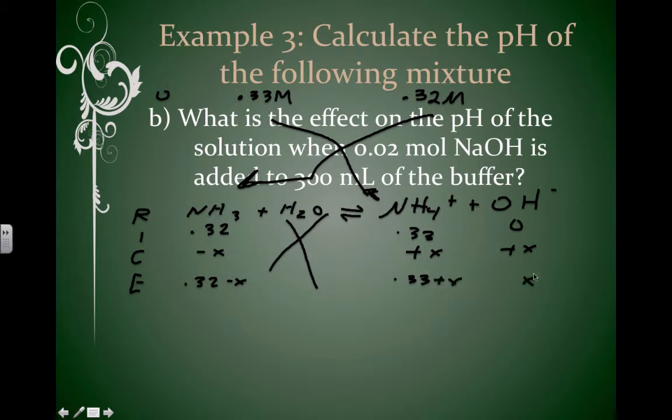So far so good. Now at equilibrium we use the Kb because we have hydroxide, so that was 1.8 times 10 to the negative 5.